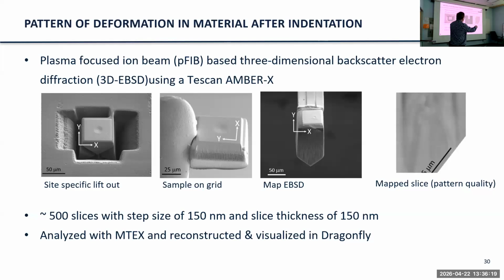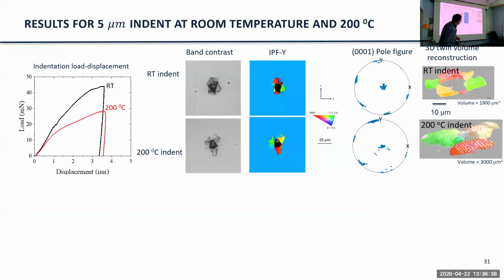We can see some features beneath the surface. So we should have isolated the entire indent, and then we're going to look at what's residual left behind after the indent was done. So we start on the surface.